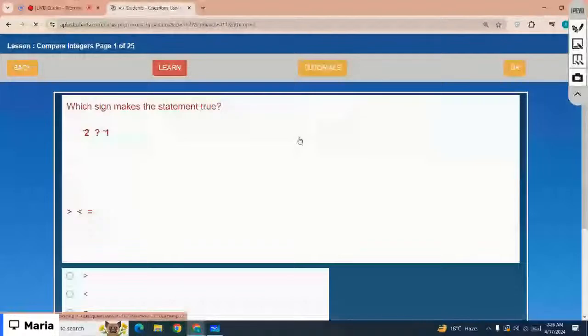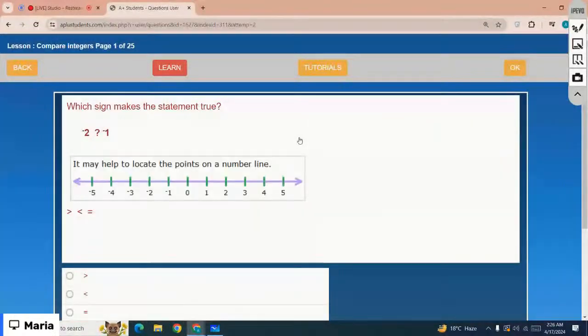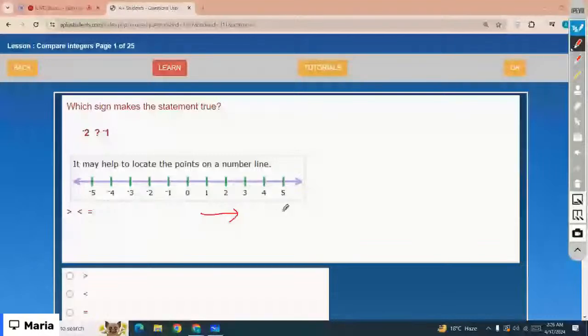Which sign makes the statement true? Negative 2 and negative 1. So here's the thing about the negative side. On the positive side, as you move far from zero, the numbers get greater and greater, right? The next number is 6, and 6 is greater than 5. And on the negative side, as you move far from zero, the numbers get smaller and smaller.